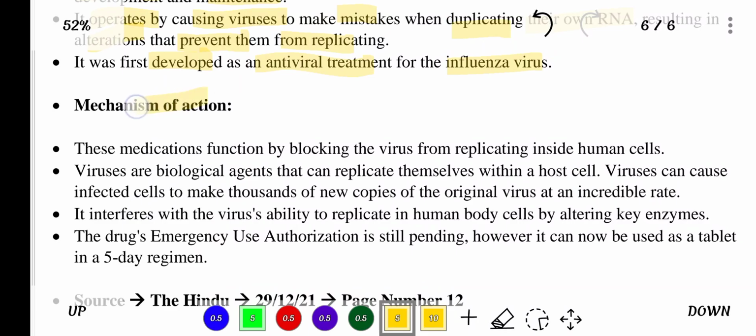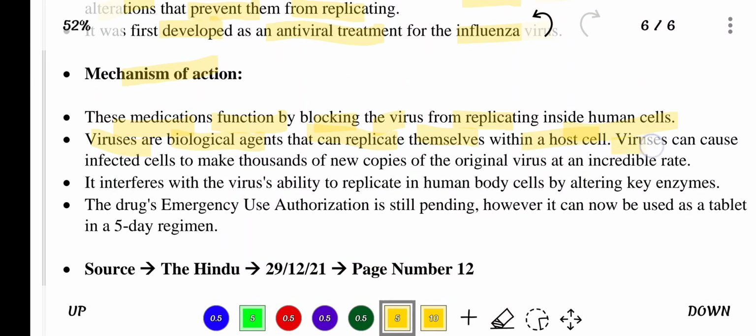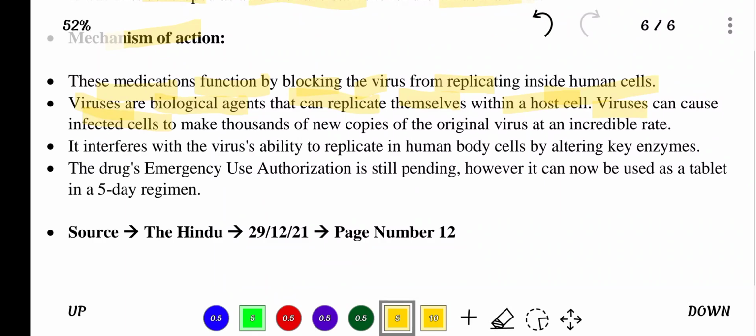So mechanism of action. These medications function by blocking the virus from replicating inside human cells. Viruses are biological agents that can replicate themselves within a host cell. Viruses can cause infected cells to make thousands of new copies of the original virus at an incredible rate.